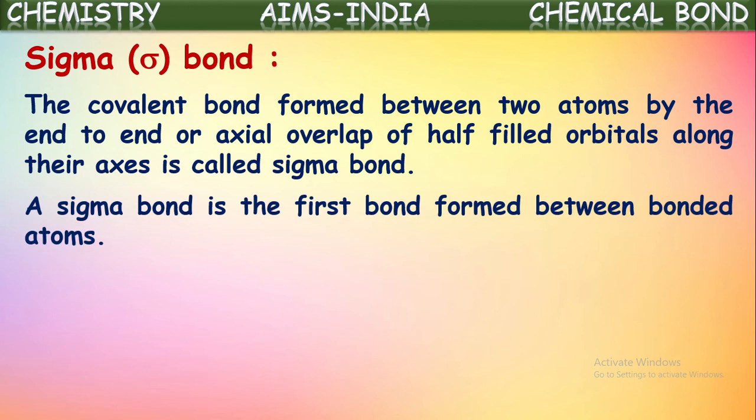A sigma bond is the first bond formed between any two atoms. So, in the covalent bond formation, when the two atoms approach each other and atomic orbitals overlap, first they form a sigma bond by overlapping their atomic orbitals on their axis of nuclei.